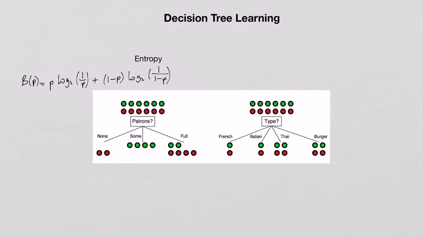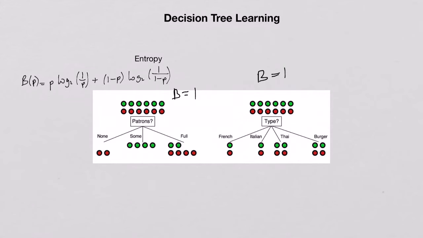As we said before, the entropy, or the information that we have before we decide to split on one of the variables, is going to be 1. So let's write this in here. So b up here equals 1, and the same for here, b equals 1.